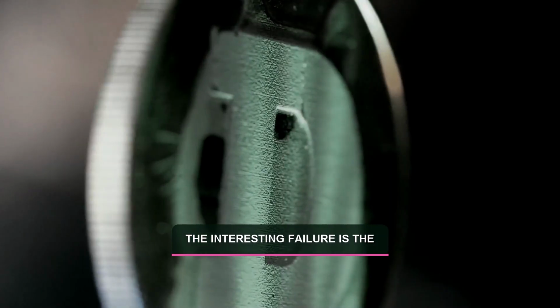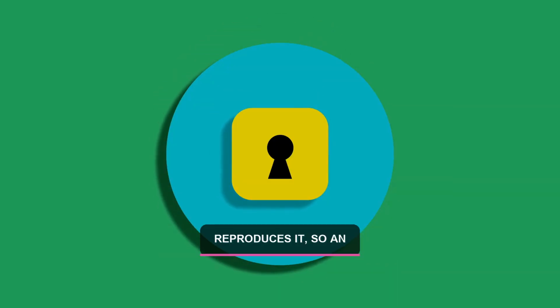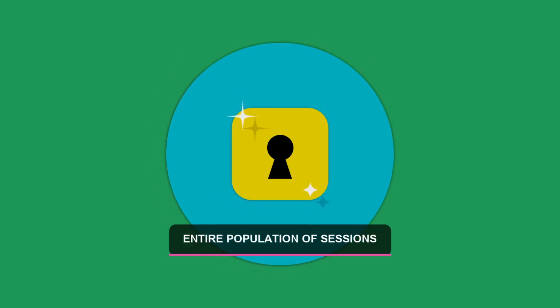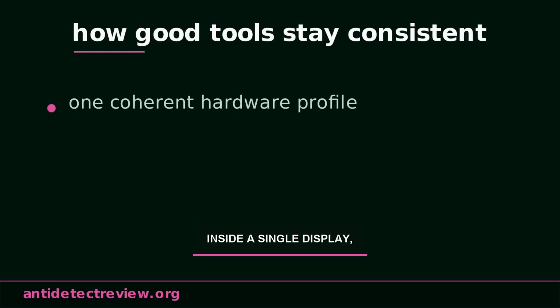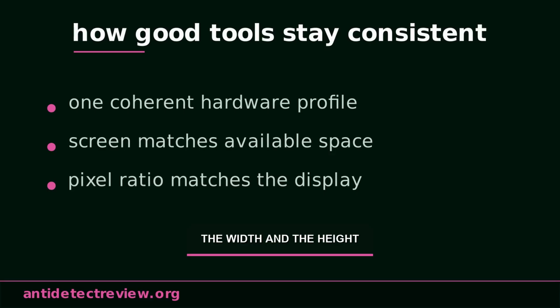The interesting failure is the reverse. A spoofed profile almost never reproduces it, so an entire population of sessions that all sit perfectly inside a single display, always at a tidy position, is quietly unusual in a way that real hardware is not. Orientation is the same story on the mobile side. A genuine phone rotates. The width and the height swap.